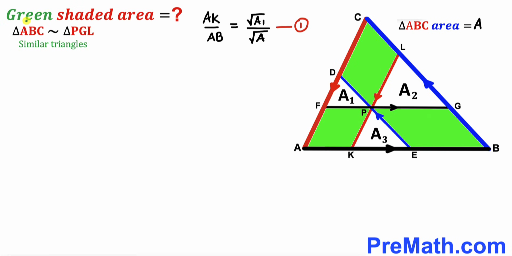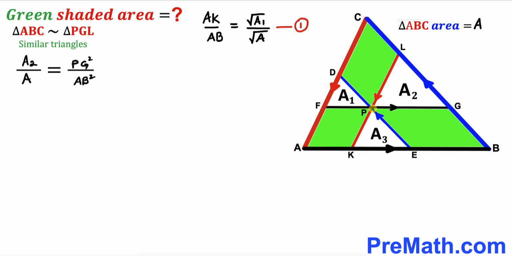And likewise, we can see that big triangle ABC is similar to the smaller triangle PGL. And here's our smaller triangle PGL over here, and its area is A sub 2. So therefore we can write the ratio of their areas, A sub 2 divided by uppercase A, equals PG squared divided by AB squared.